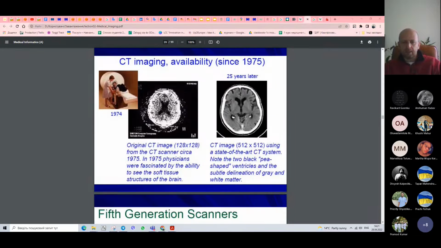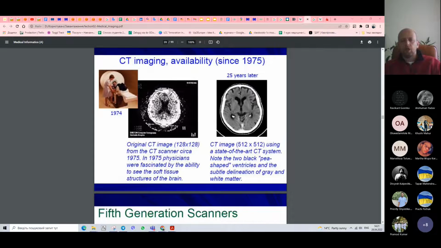Now we will see the next. Computer tomography developed so fast, and for example the resolution and quality of images grew so fast. In the beginning, computer tomography had images of such small quality.